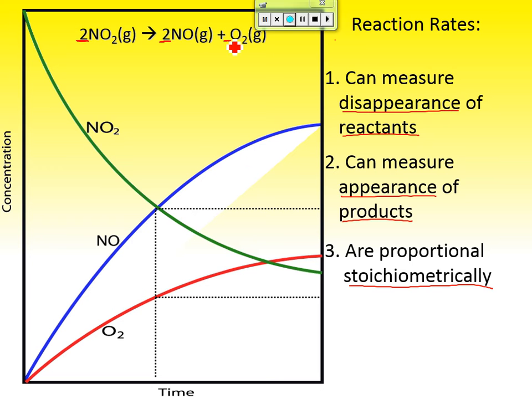The answer lies in the stoichiometry of this reaction. There's 2 moles of nitrogen monoxide forming for every 1 mole of oxygen. And so you're going to see it appear twice as fast as oxygen is appearing. And that goes back to the stoichiometry. Okay.